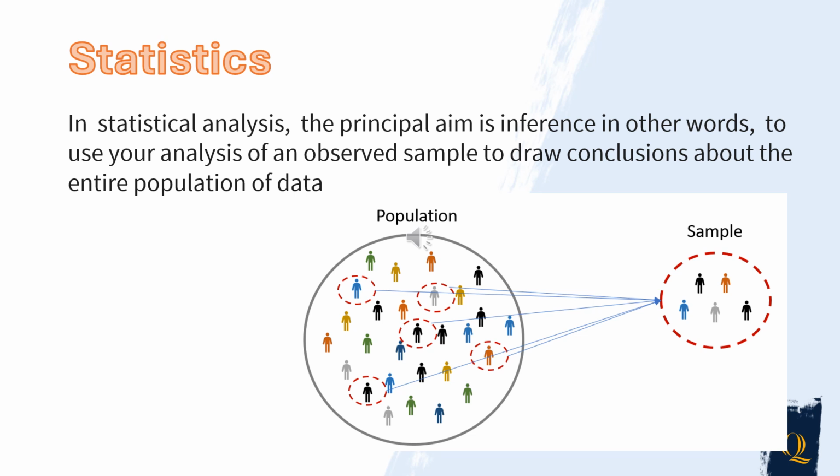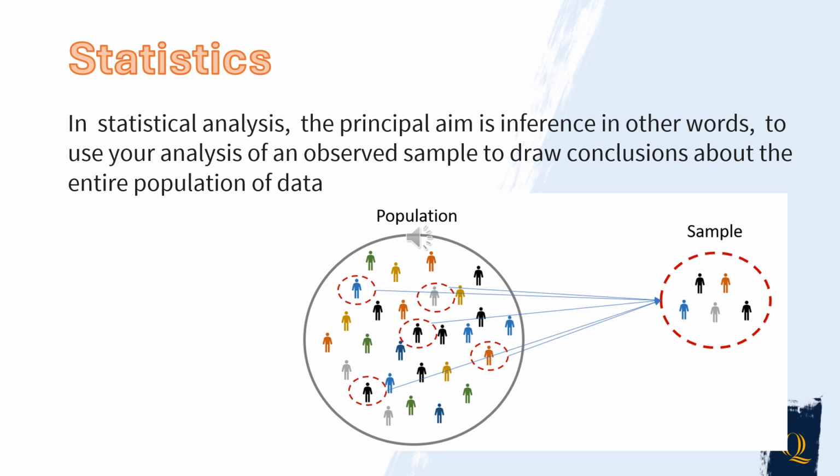The power of statistics lies in its ability to allow us to make informed decisions or predictions about a broader group using only a fraction of the data. This process is crucial in all fields, whether it's healthcare, marketing, or social sciences, where we often rely on samples to guide important decisions.